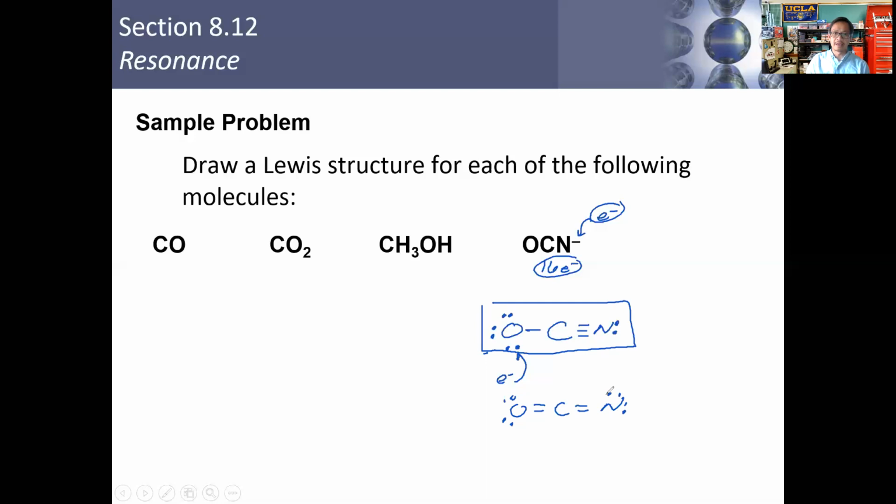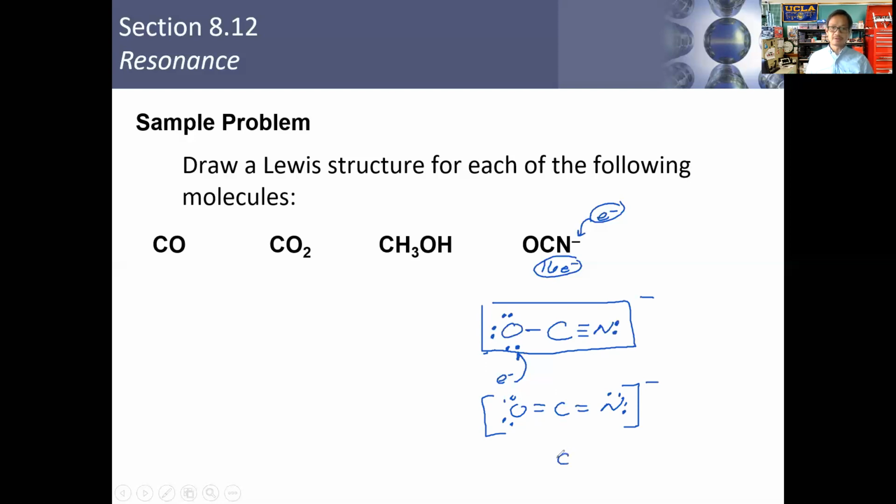Well, let's count all the electrons again and see if we have accounted for all 16. So 1, 2, 3, 4, 5, 6, 7, 8. This also is a valid structure because every atom has its octet: 2, 4, 6, 8 for nitrogen, 2, 4, 6, 8 for oxygen, 2, 4, 6, 8 for carbon. And the same thing holds true for this structure here, so this is also a valid structure for cyanate.